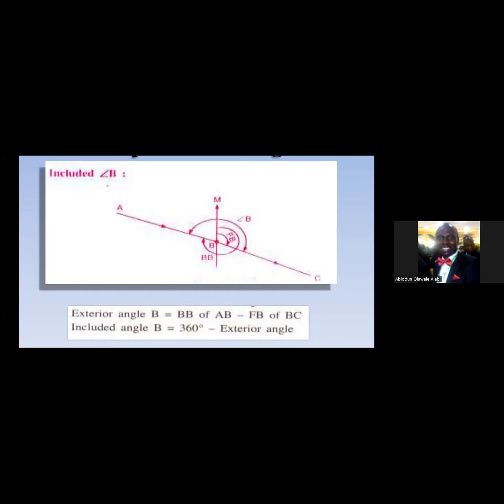It has been expressed mathematically below. Exterior angle of B equals back bearing of AB. The back bearing of AB is bearing BA. So bearing BA minus bearing BC will give you the exterior angle of B.